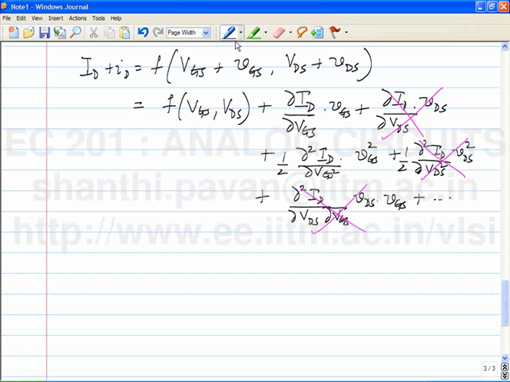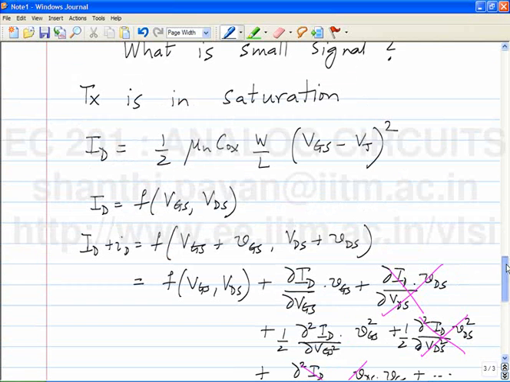In saturation, the current in the drain does not depend on the drain source voltage, which means what signal qualifies as a small signal as far as VDS is concerned? Any signal qualifies as small signal, provided this equation is valid, which means that provided the transistor is operating in saturation, the amplitude at the drain is immaterial, it will still qualify as a small signal. Does that make sense?